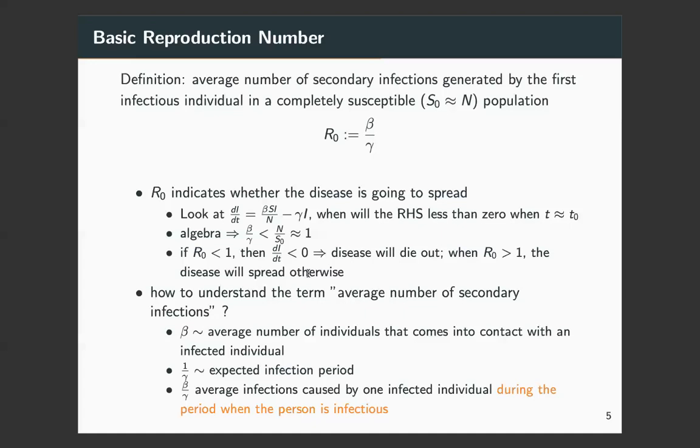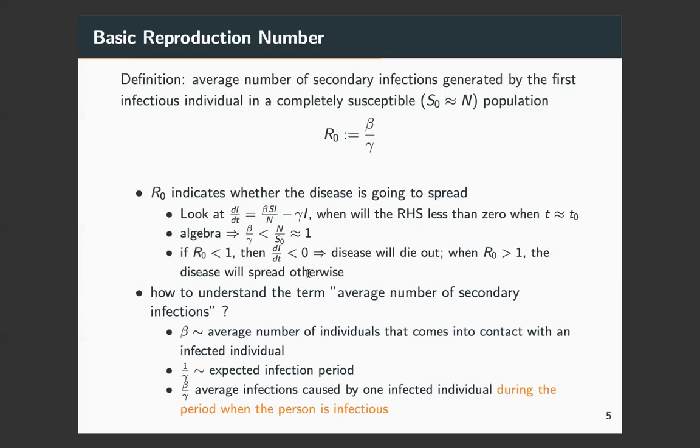And gamma is the proportion of the infectious population that is removed per unit time, right? So 1 over gamma is the expected infection period.